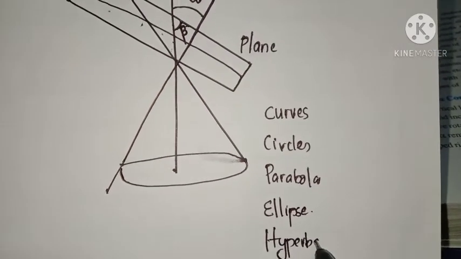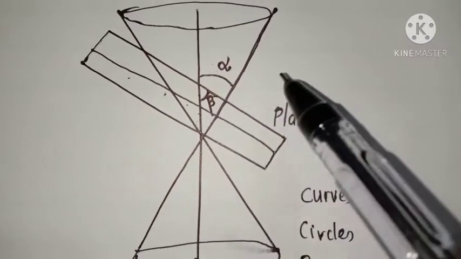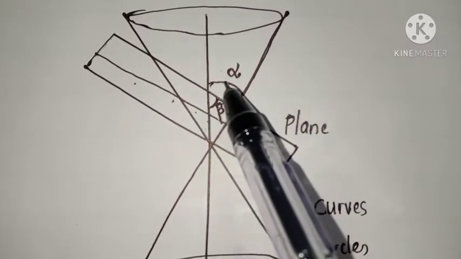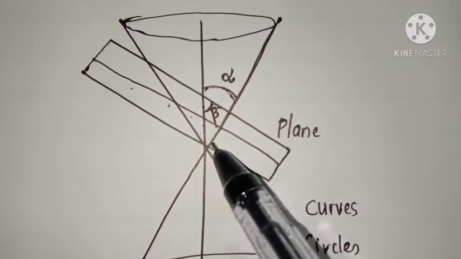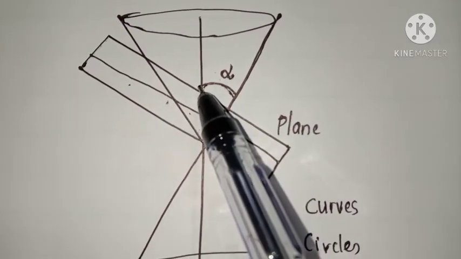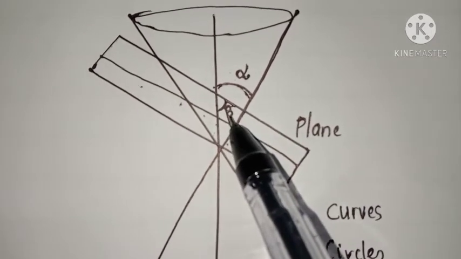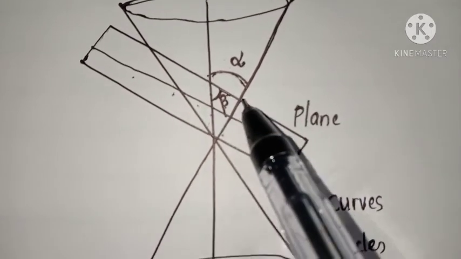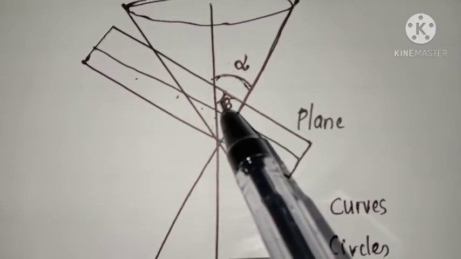So listen, in the figure alpha and beta are two angles. This alpha is the angle made by the generator with respect to the axis of the cone. At the same time, beta is the angle made by the plane with the axis of the cone.